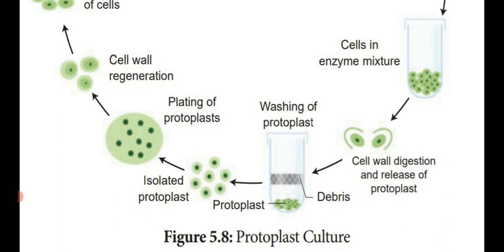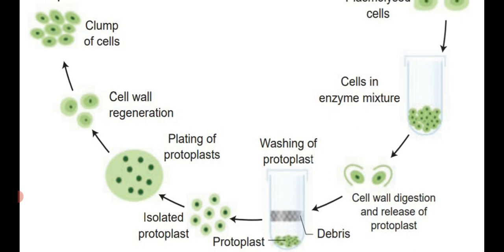The protoplasts are released. Then it is placed with the chemical substance, that is washing of protoplast, to isolate the protoplast from the debris, that is waste materials. Now, many protoplasts are isolated.